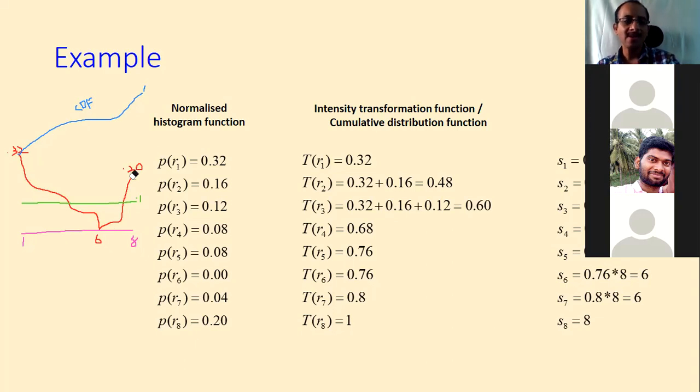But in some images, assume that this whole part is not there, and after 6 it just terminates. Even then, this cumulative distribution function should help us. It will be flat from here, and it should help us have the final intensities ranging from 1 to 8, not just 1 to 6. You got the point of what I'm trying to tell?